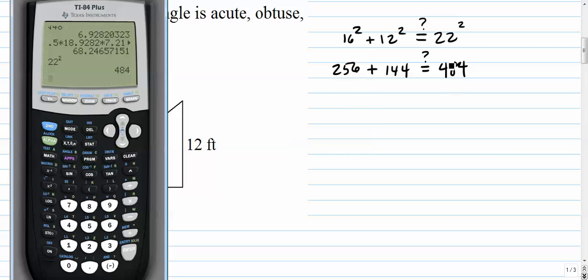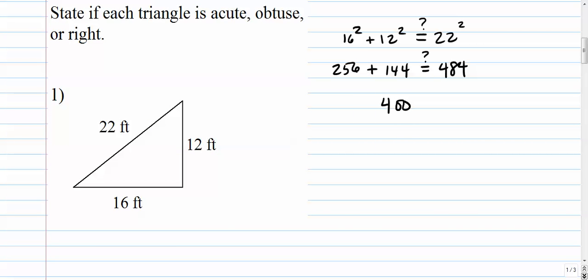All right, so the question is, does 256 add with 144 to get 484? And of course it does not. These numbers add to 400. So we know that they're not equal, but furthermore, since they're not equal, we need to take a little step further here and really answer this question: how do they relate to one another?